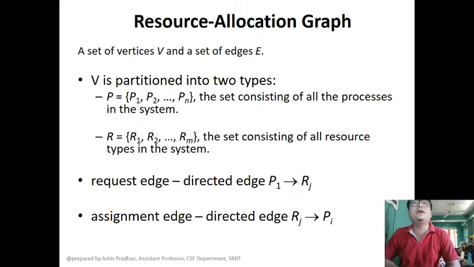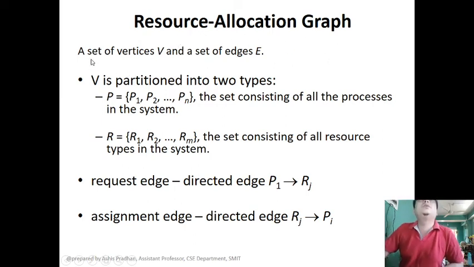Then we'll try to draw a graph, analyze the graph, and after analyzing it we will say whether the system is in a deadlock state or not. So that's what we are going to cover in this topic, the resource allocation graph.